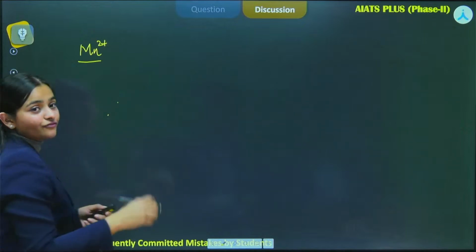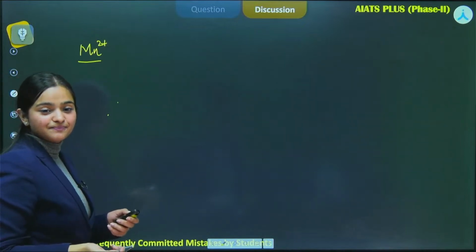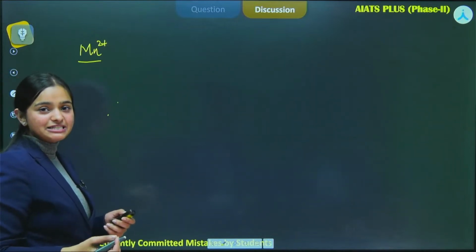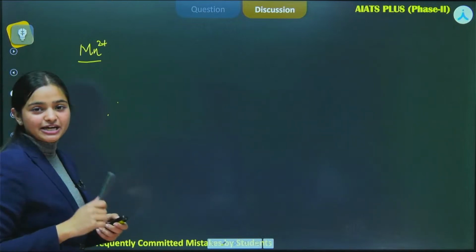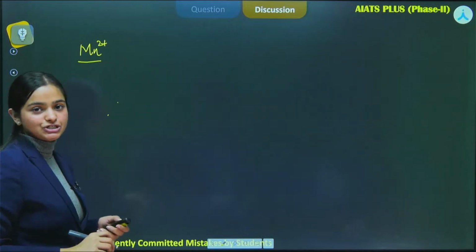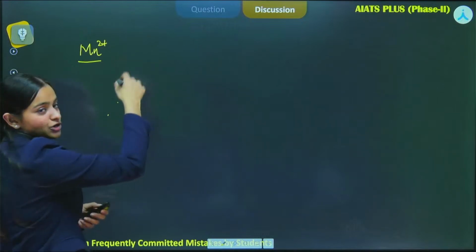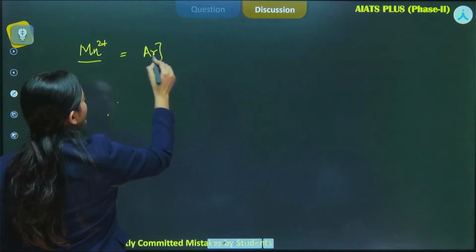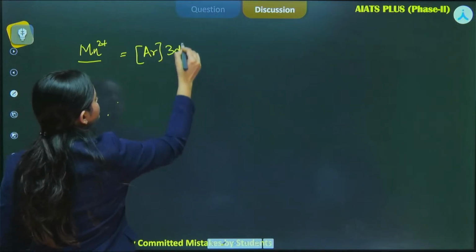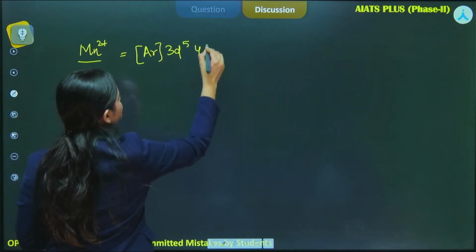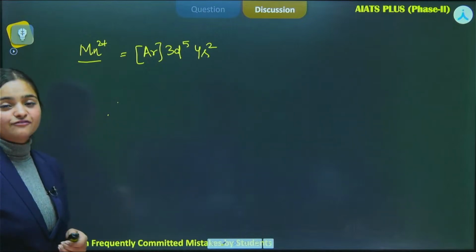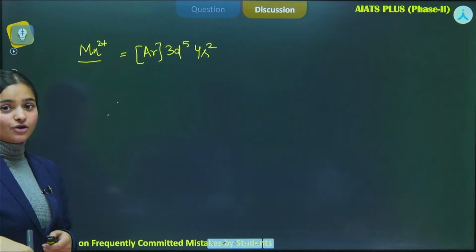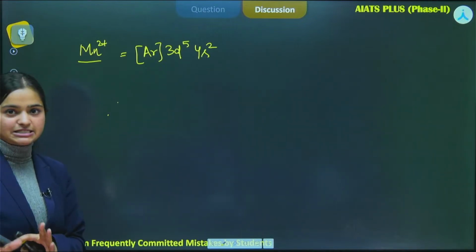Comment down in the comment section the electronic configuration of manganese in +2 oxidation state. Its atomic number is 25, so the electronic configuration becomes argon 3d5 4s2, and for +2 oxidation state the electronic configuration will become 3d5 4s0.